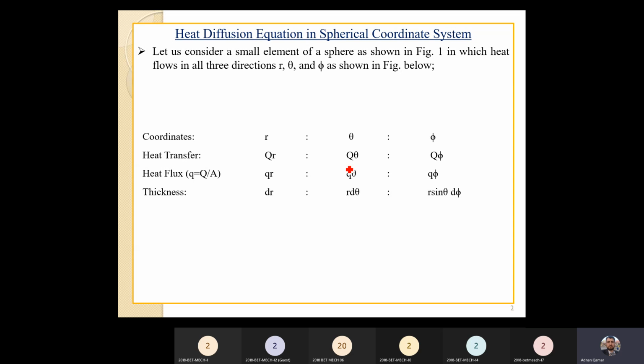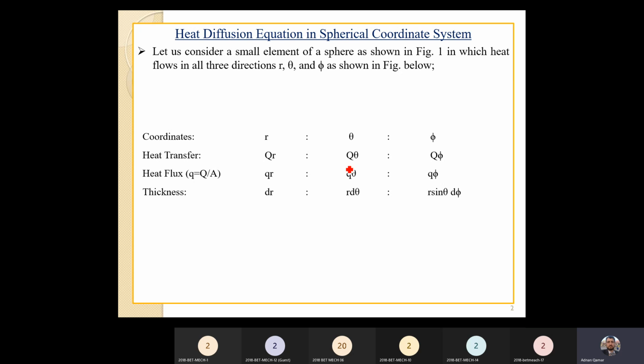So overall, we basically have three coordinate systems: cylindrical, Cartesian, and spherical.